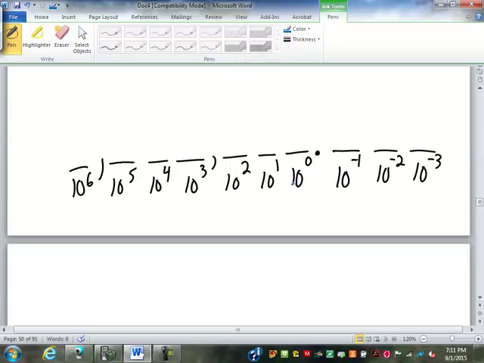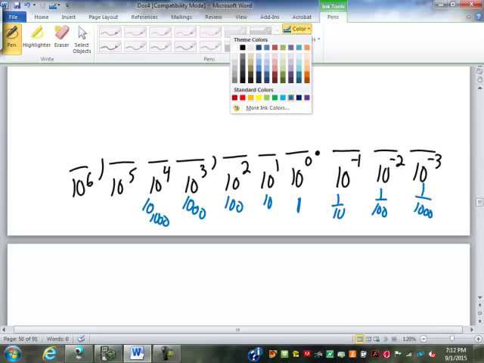As we've seen, 10 to the power of 0 is 1, 10 to the power of 1 is 10, 10 to the power of 2 is 100, and so on, giving us our place values. 10 to the negative 1 is 1/10, negative 2 is 1/100th, negative 3 is 1/1000, and so on. Our number system, our place values, are based off of these powers of 10.